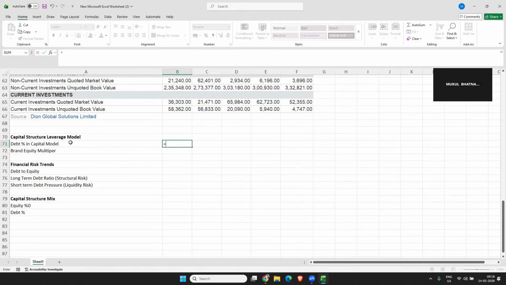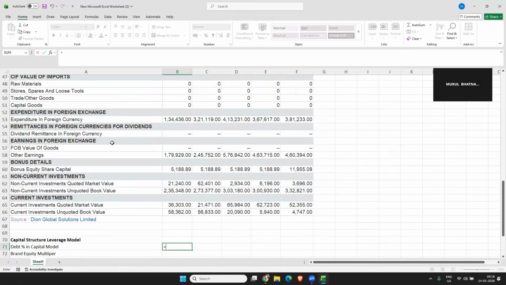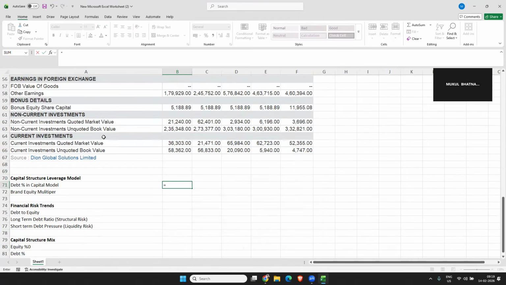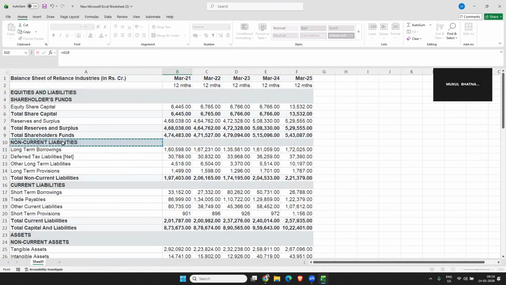So the formula for debt in capital model is, let me show you the balance sheet. These are the things that we will be requiring. The first thing will be non-current liability. So the formula is total non-current liability, that is written here, 1,97,403 crores. Then we will add current liabilities to it. So can you identify the current liabilities? These are the current liabilities and these are total current liabilities given to us.